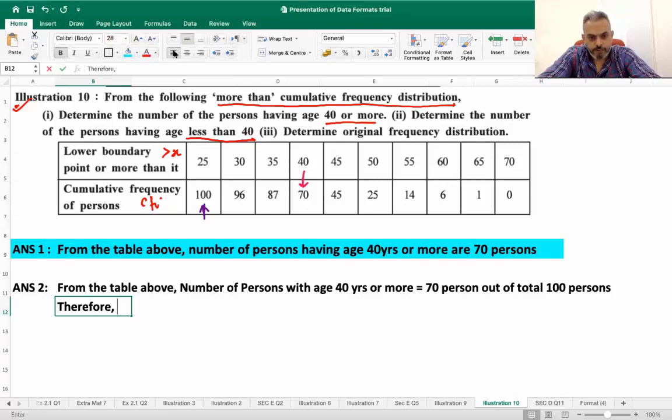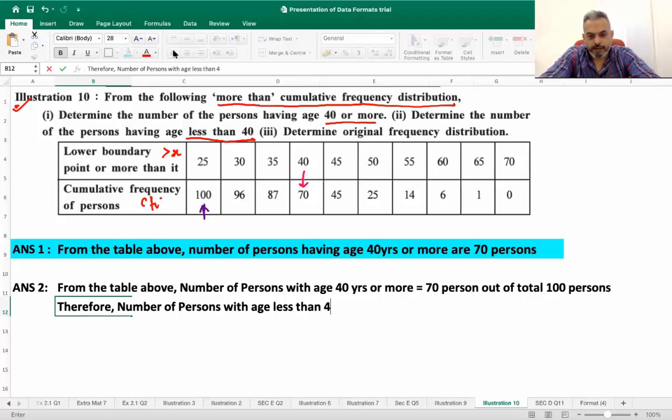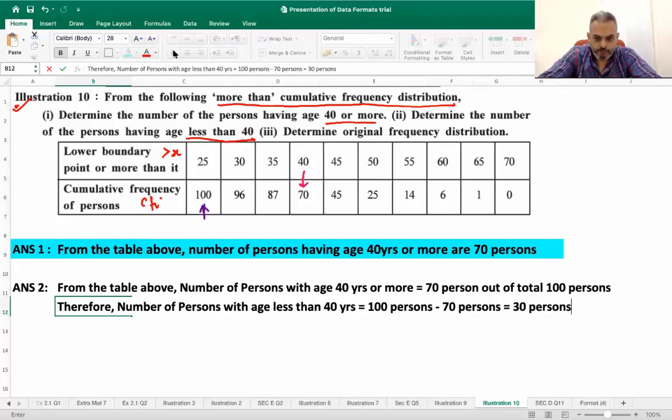Therefore, number of persons with age less than 40 years is equal to 100 persons minus 70 persons, which is equal to 30%. This is our final answer.